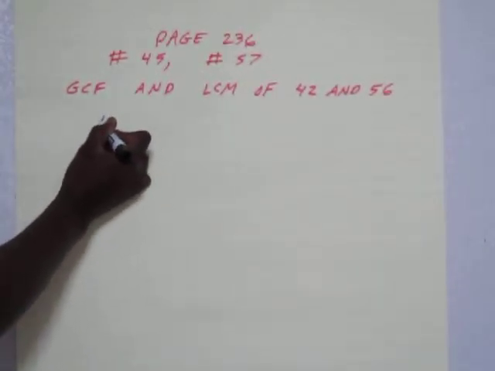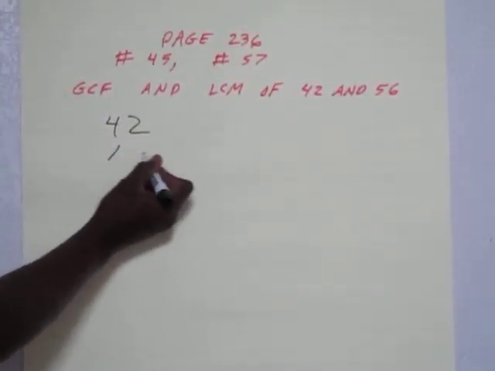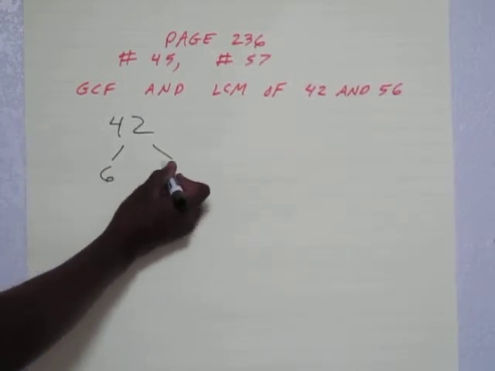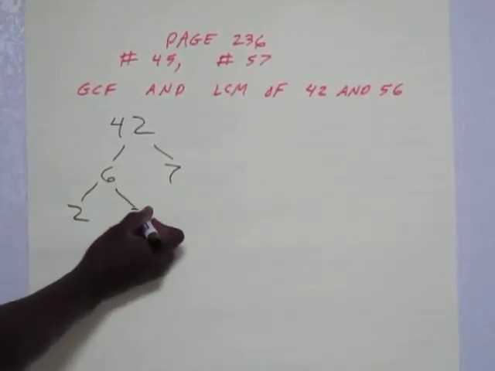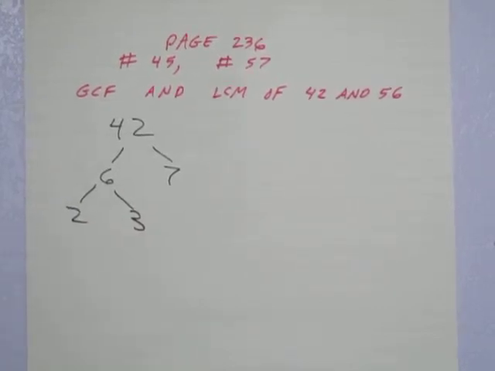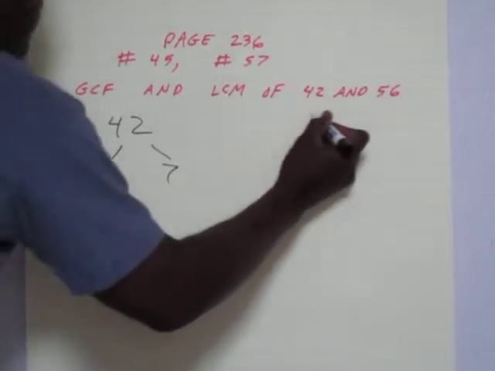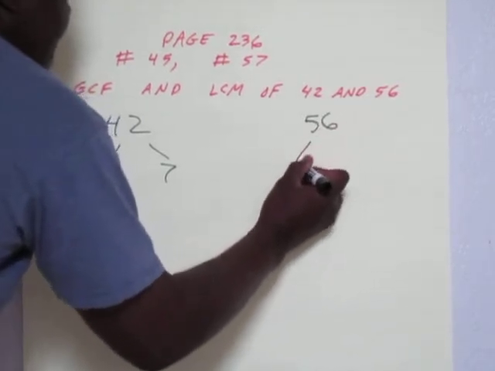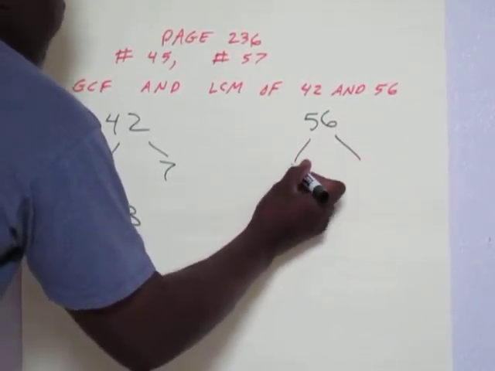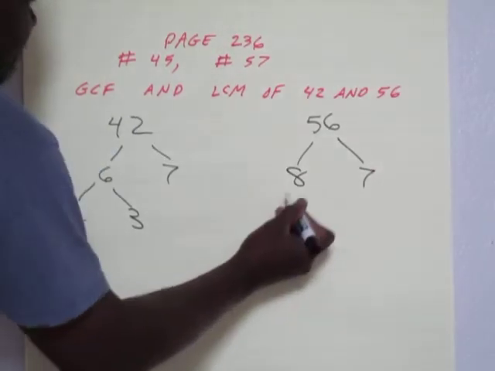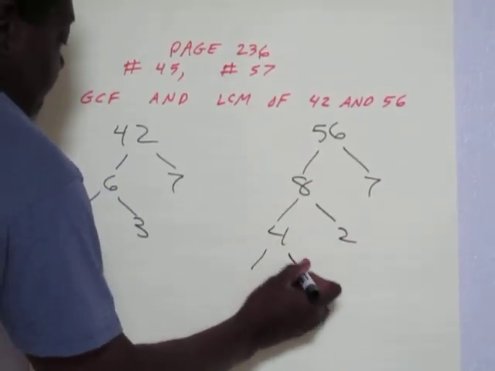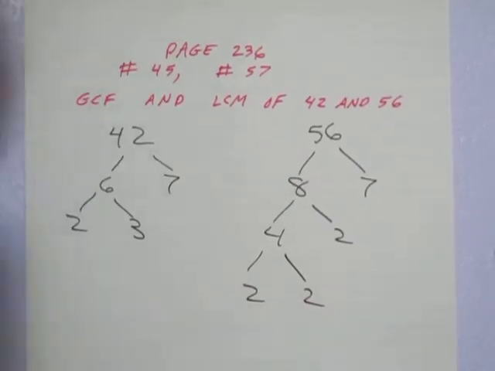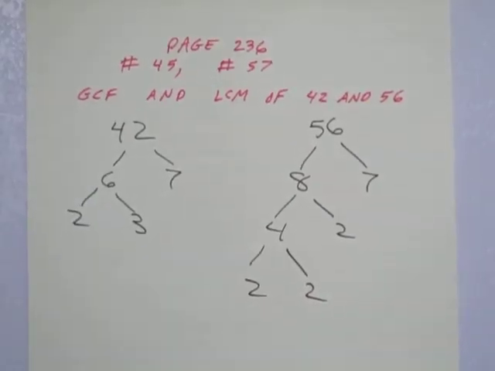First step, let's do a prime factorization. 42 is 6 times 7, 6 is 2 times 3, and all of those are prime. 56 is 8 times 7, 8 is 4 times 2, and 4 is 2 times 2, and now they're all prime.